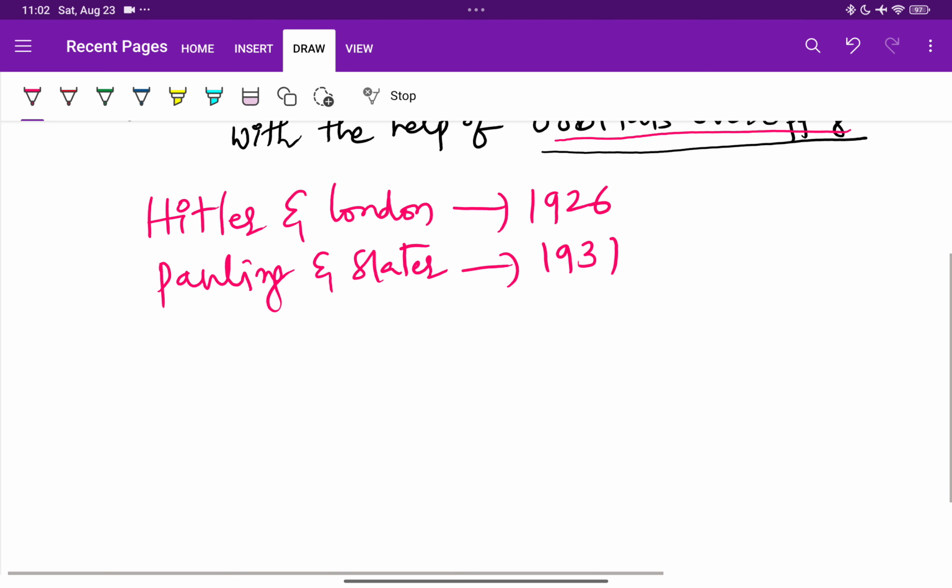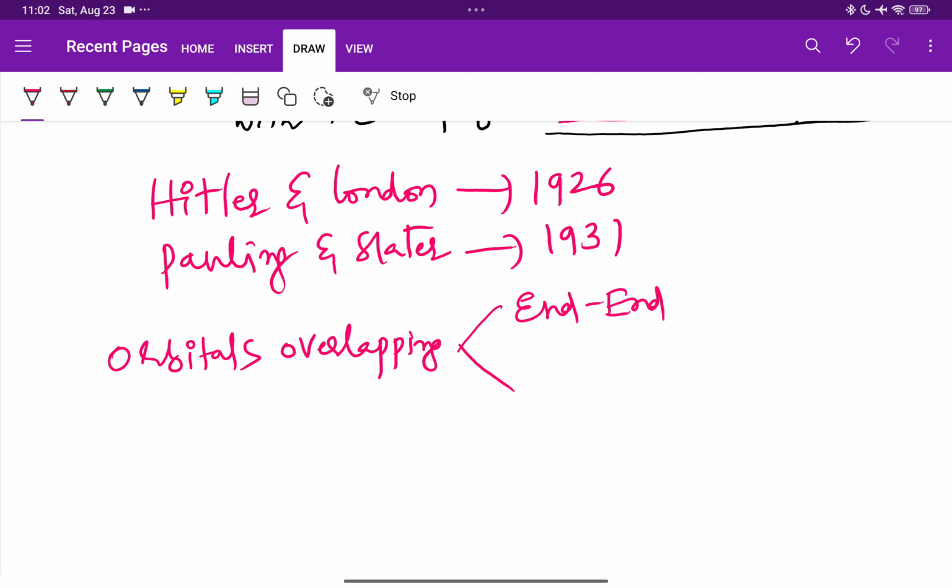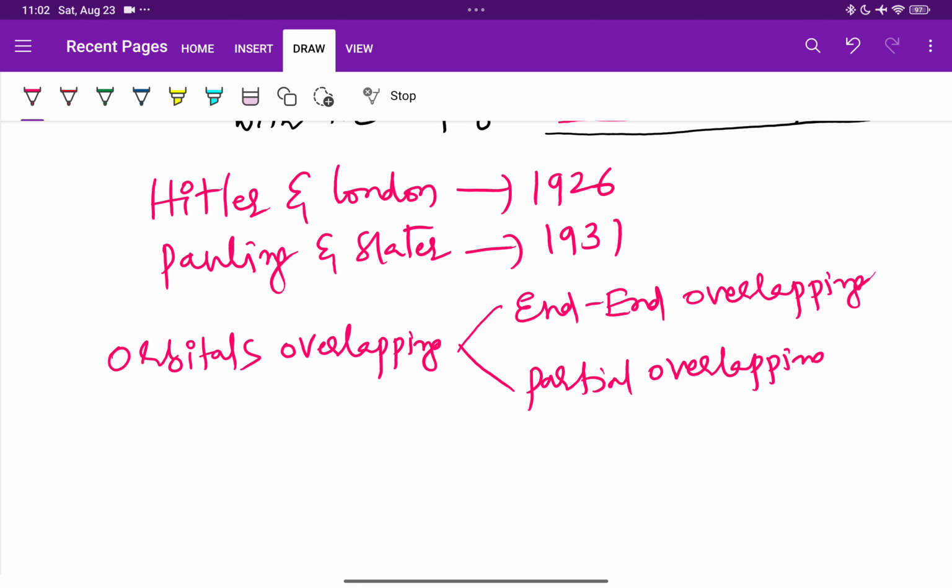So here orbitals overlapping is two types. First one is end-end overlapping of orbitals. Second one is partial overlapping of orbitals.